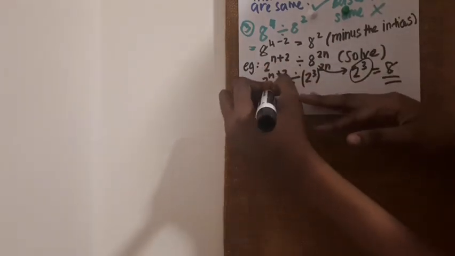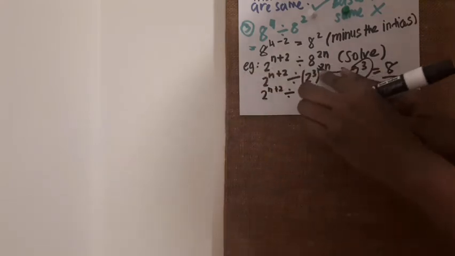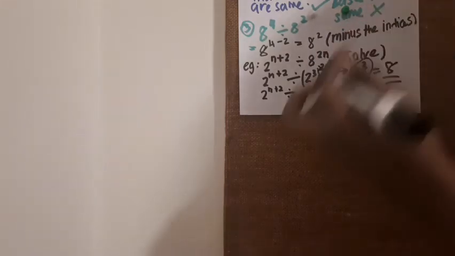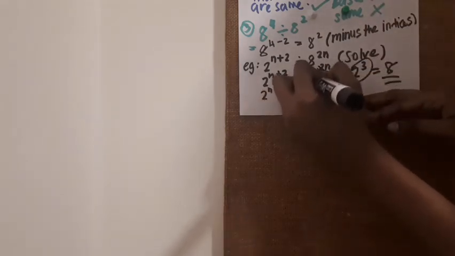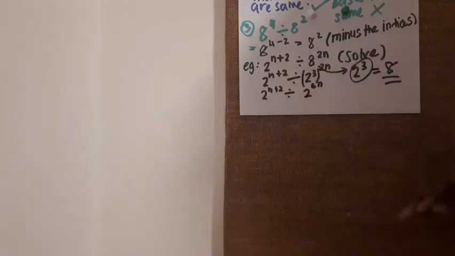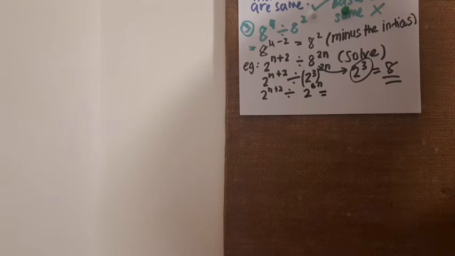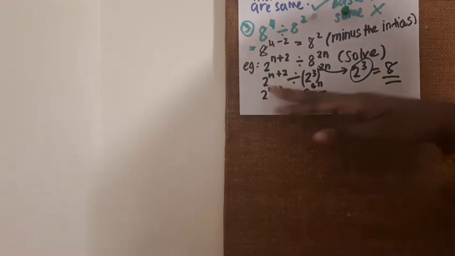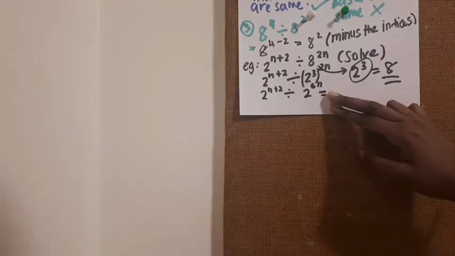Now try to solve this. Open up the bracket first before you solve it, and as I said just now, when you open up the bracket you have to multiply. So 3 times 2n is going to give you 6n, and now you have to solve this. How to solve this? You know, division has a minus sign, which means I have to minus the powers.